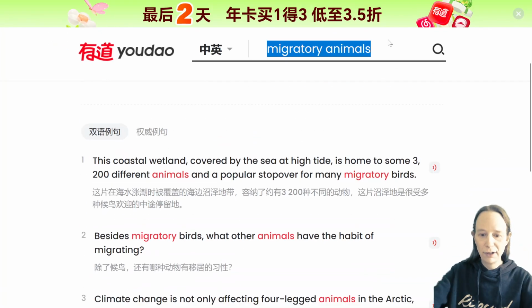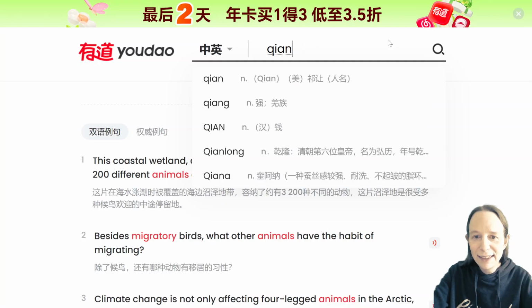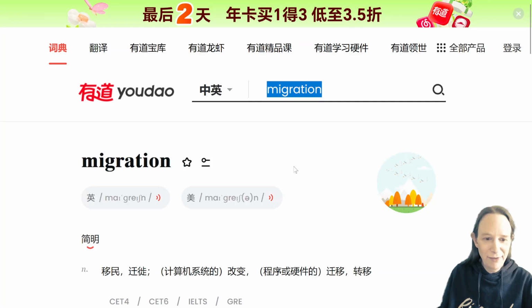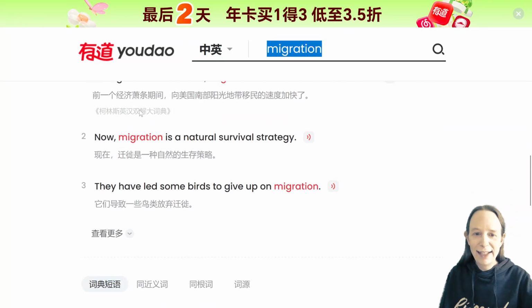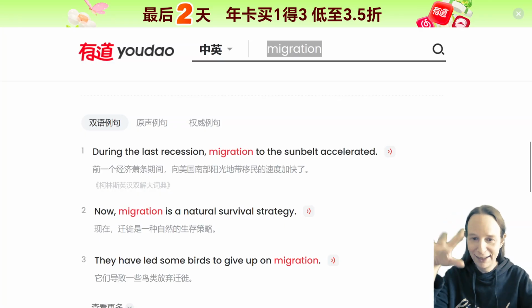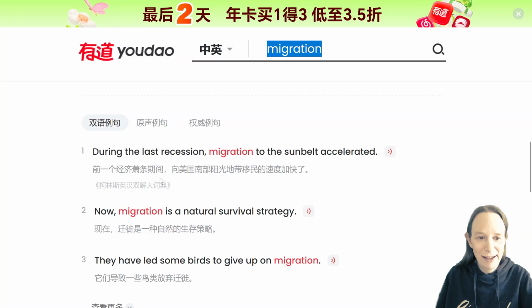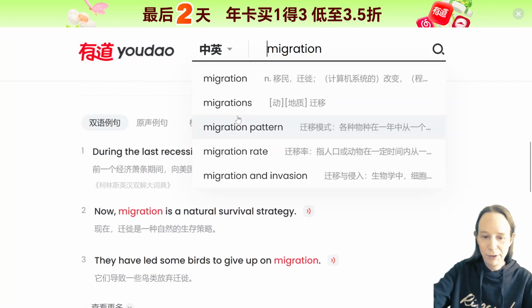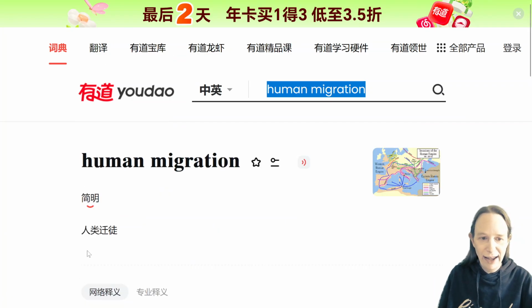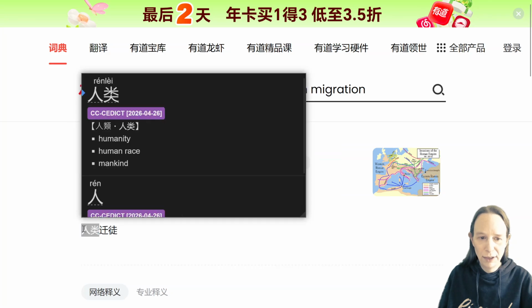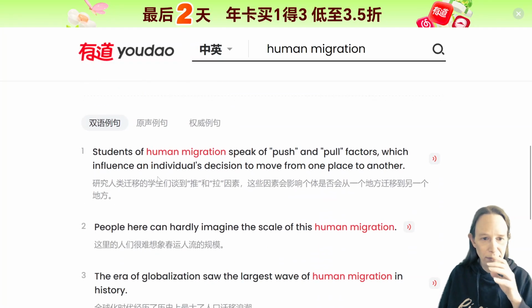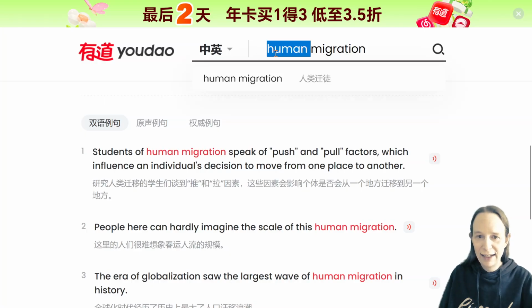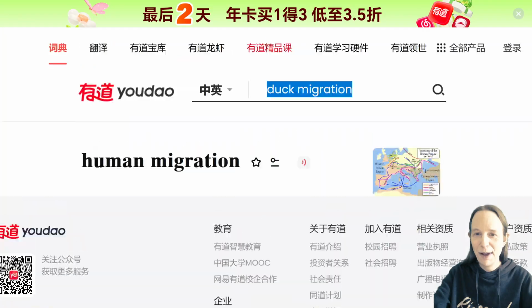Migration, but in the context of animals, like ducks and penguins and whatever, turtles. Let's put human migration. 人类迁徙, human migration. So 迁移 and 迁徙 can be human migration and, let's say, duck migration.